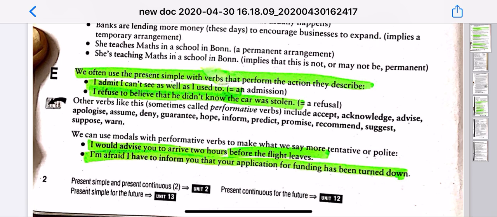She is teaching maths in a school in Bonn, implies that this is not or may not be permanent. So, I am taking online classes these days of my class 12th students. This is a temporary arrangement, because all the time I am not going to take their online classes; we are in lockdown, and I am taking online classes these days. I am adding these sentences to give you more connectivity with the tense.